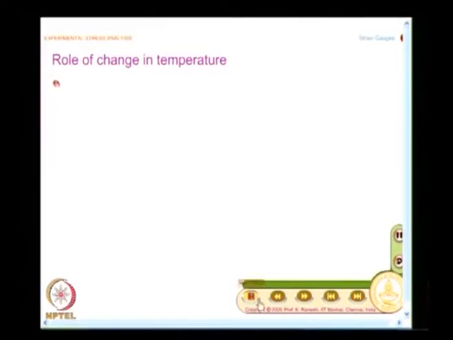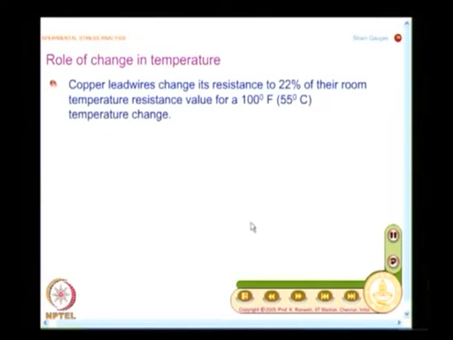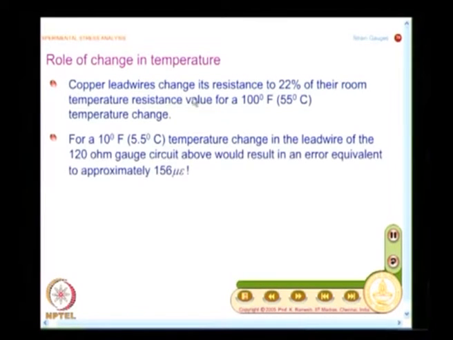So, we will also have to look at temperature change and how it influences. And it is noted that copper lead wire changes its resistance by 22% of the room temperature resistance for a 55 degree centigrade temperature change.